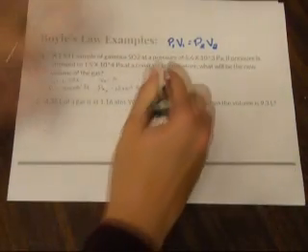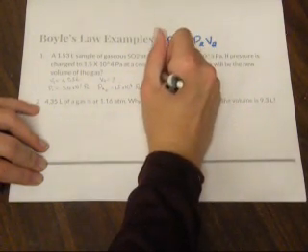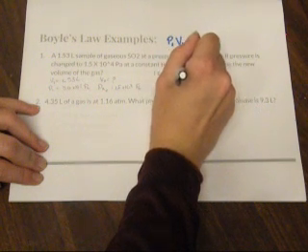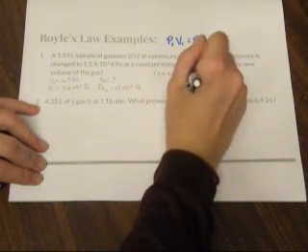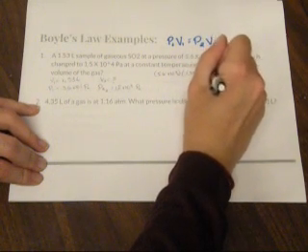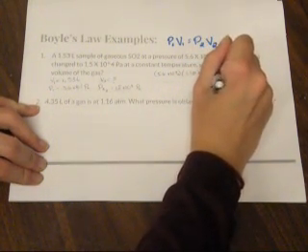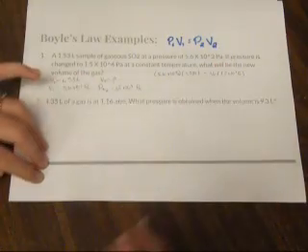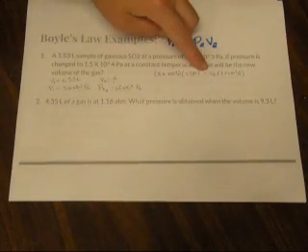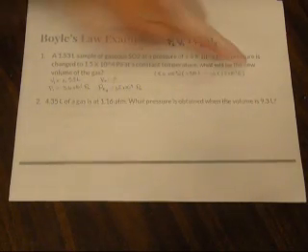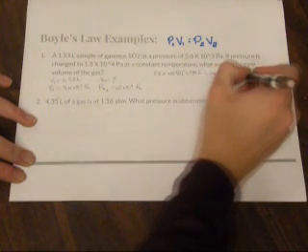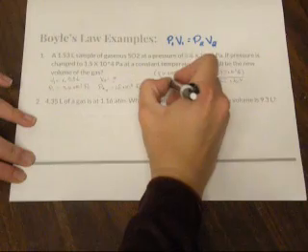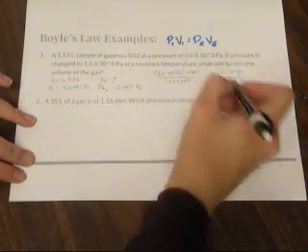Let's set it up. P1, which is 5.6 times 10 to the third pascals, times 1.53 liters is equal to volume 2 times 1.5 times 10 to the fourth pascals. To get volume by itself, we have to divide by pressure 2, 1.5 times 10 to the fourth over 1.5 times 10 to the fourth.